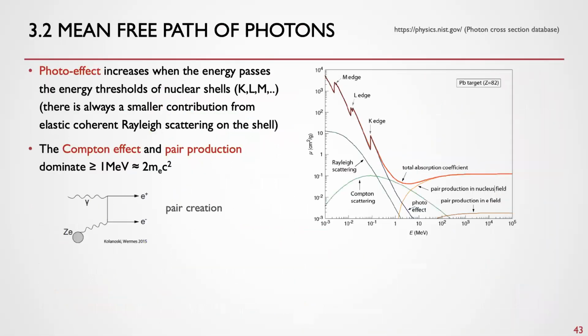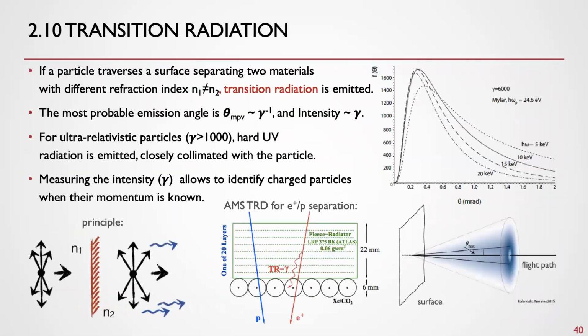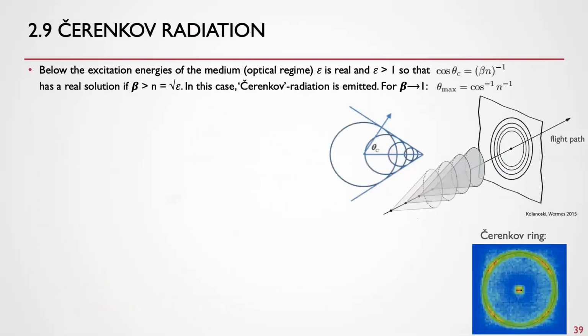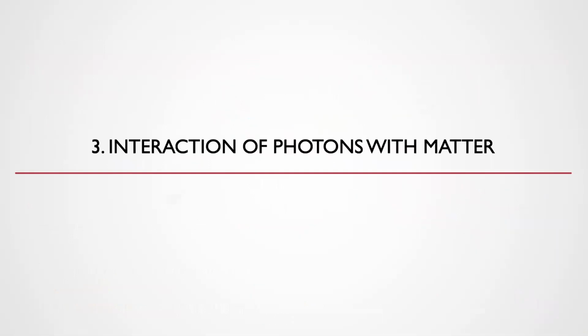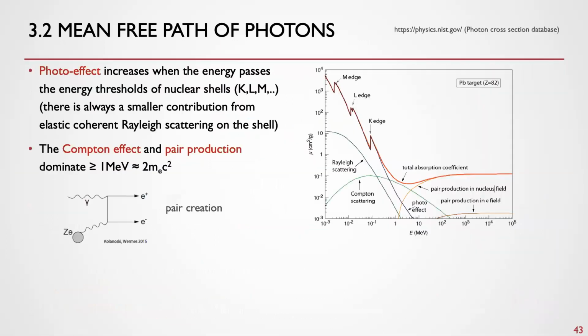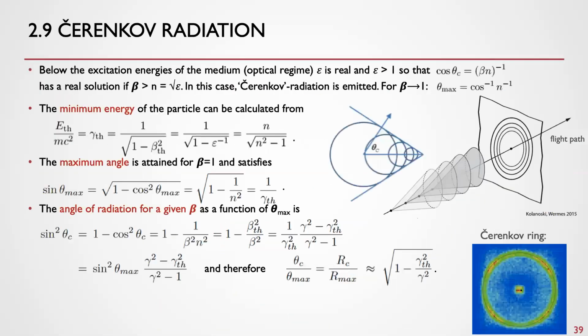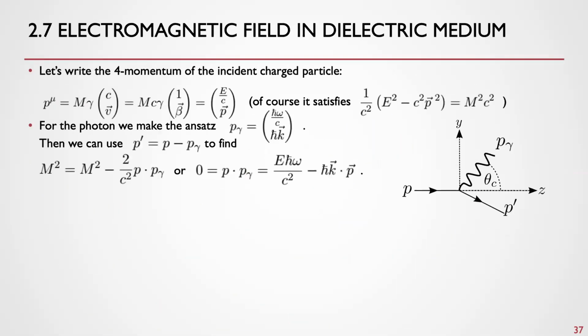Let's go back. Where does it happen? A good example is, well, let's take this one. What I wanted to show you is the energy loss of the electrons. Where is it?